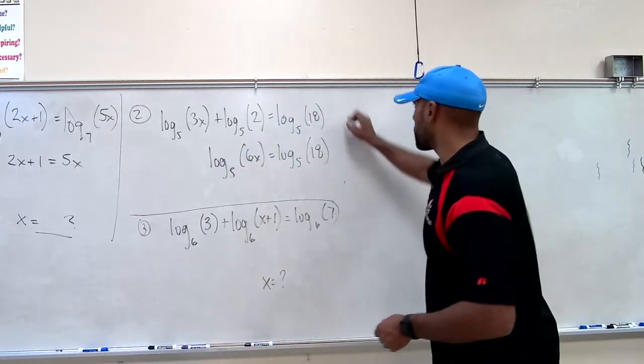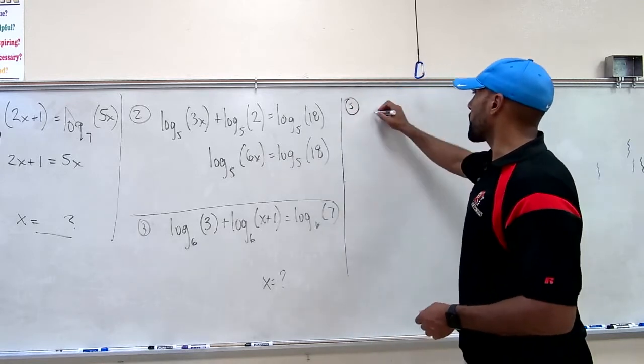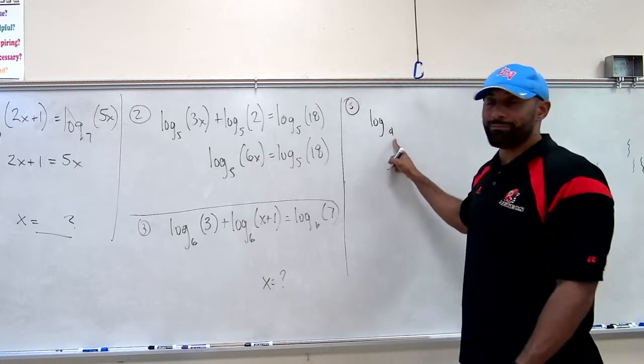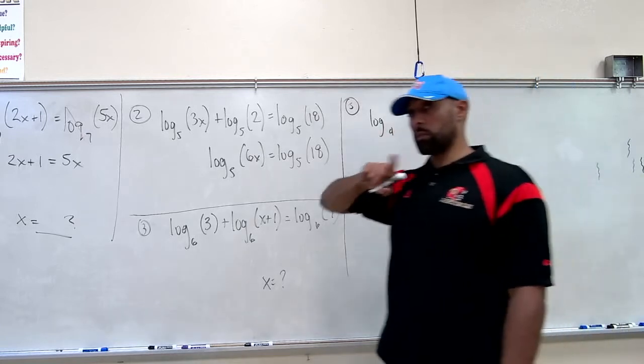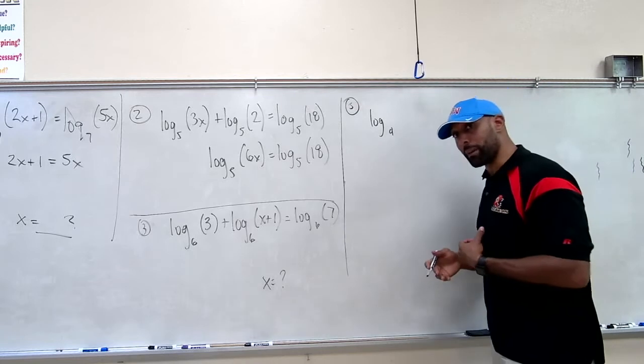Okay, now, number 3, we're going to have log base 4, and again, the base part I just keep changing up. That part isn't what really matters. What is important is that they're all the same. You can't combine them unless they have the same base.